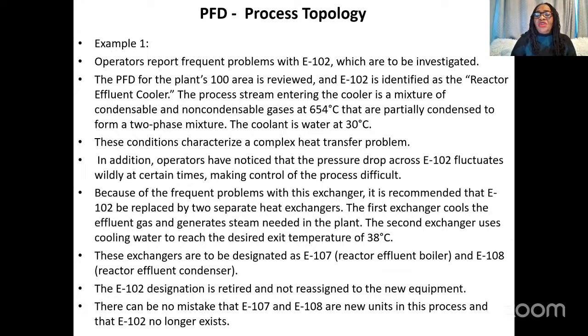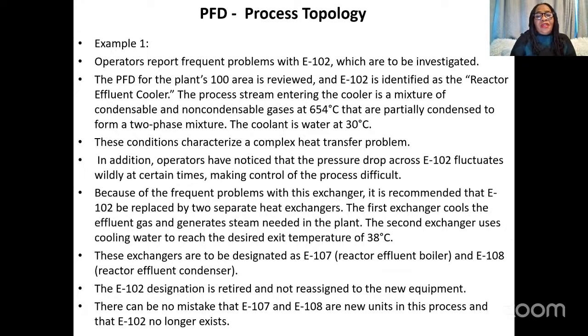The pressure drop across E102 keeps fluctuating wildly at certain times. It's not supposed to be so. Because of this problem, it's making the control of the process very difficult.